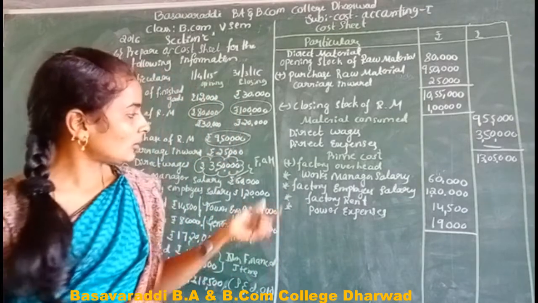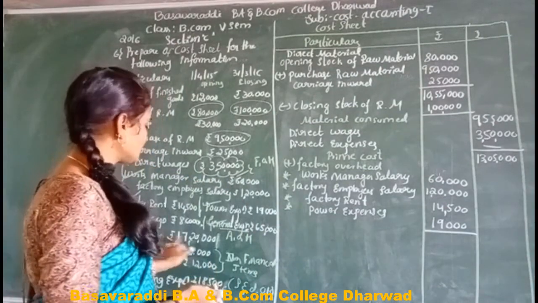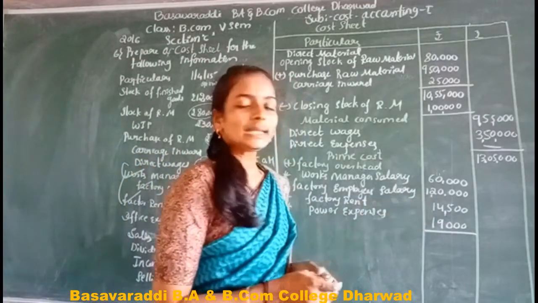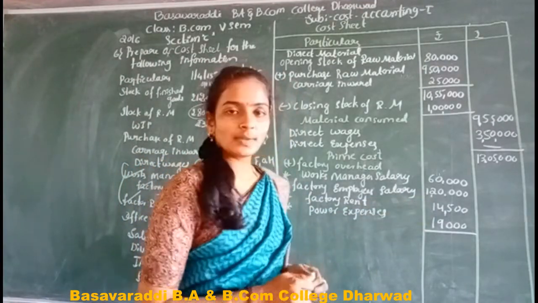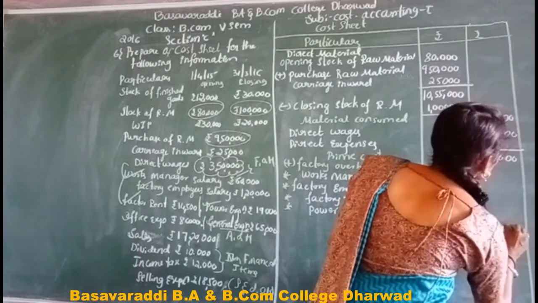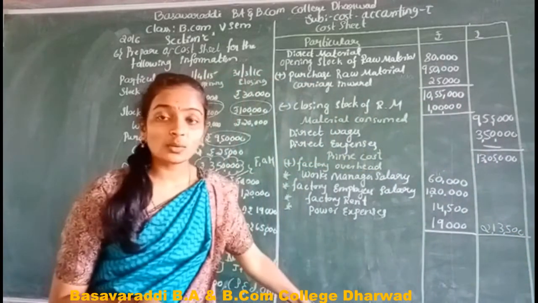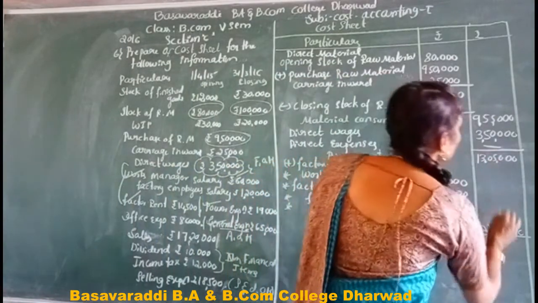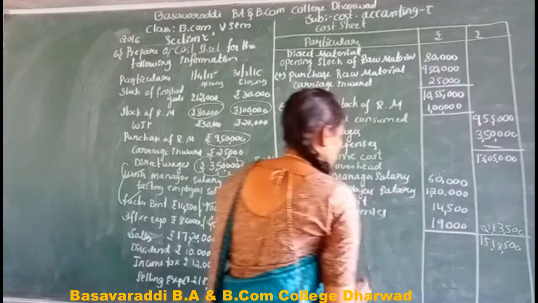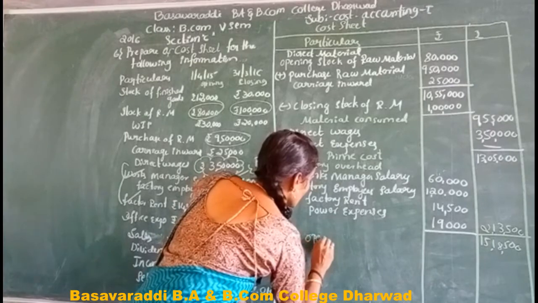Add all the factory overhead items: 60,000, 1,20,000, 14,500, 19,000 gives 2,13,500. Add these two, we get 15,18,500.